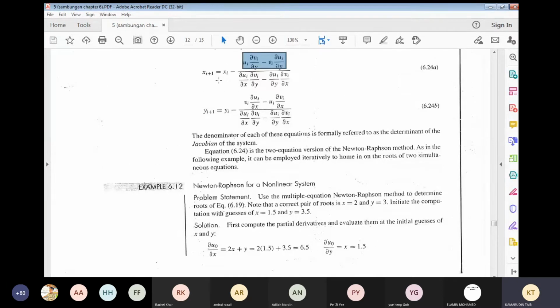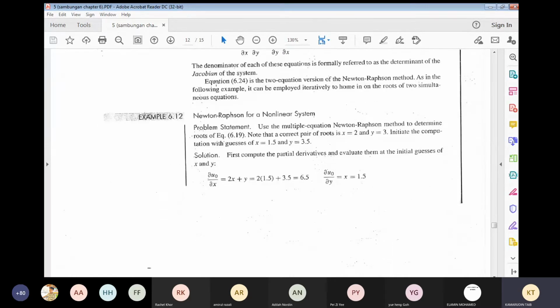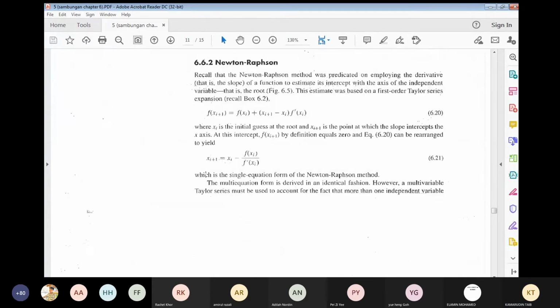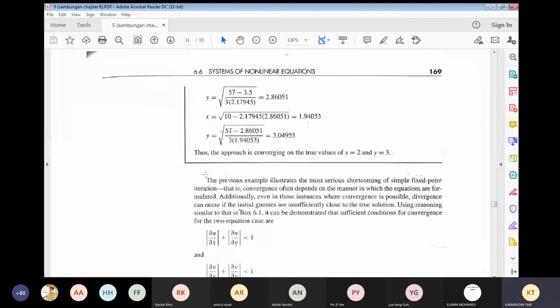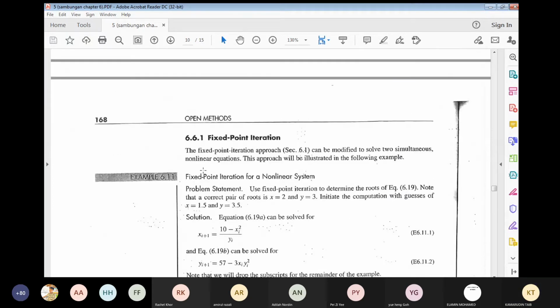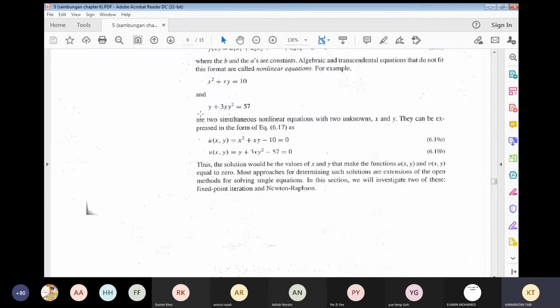If you don't, it's just like normal differentiation, treating the unrelated variable as a constant. So ∂u/∂x will be 2x plus y minus 0.